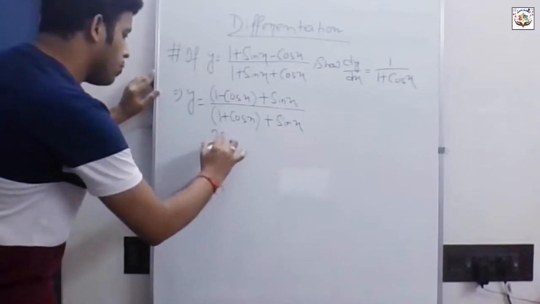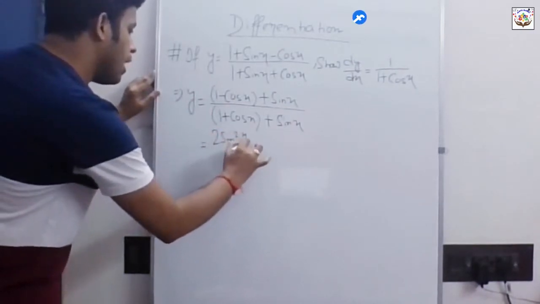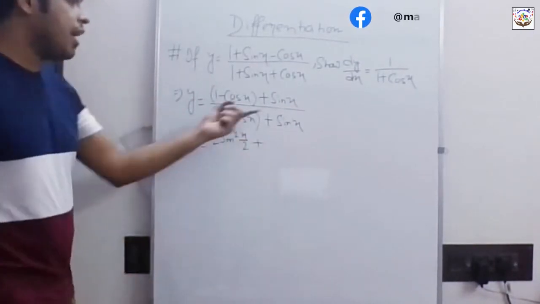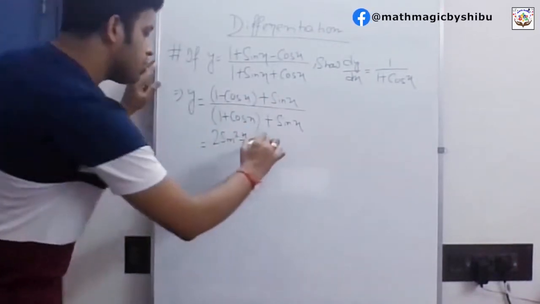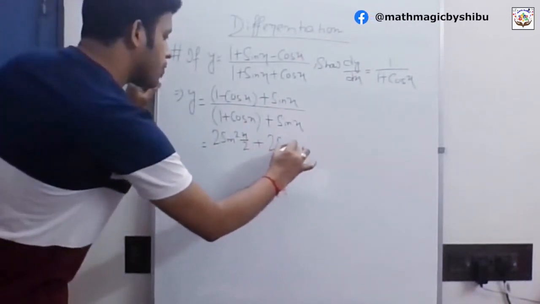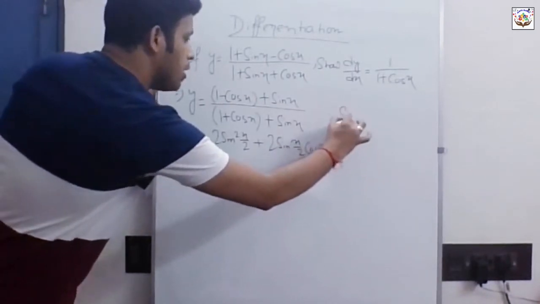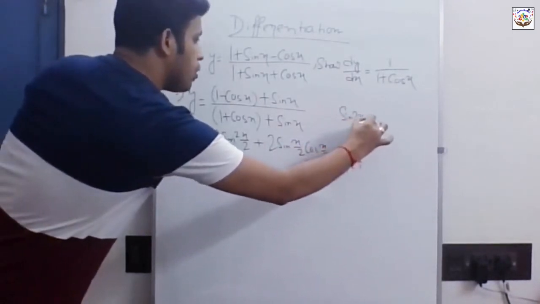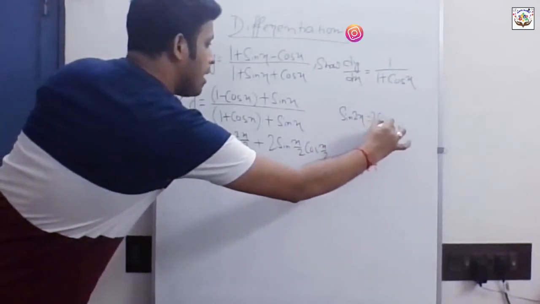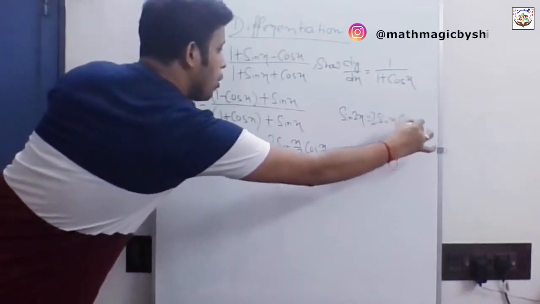Just remember this formula. This is a pure formula and nothing else. And we can write sin x as 2 sin x by 2 into cos x by 2, as we know sin 2x equals 2 sin x into cos x.